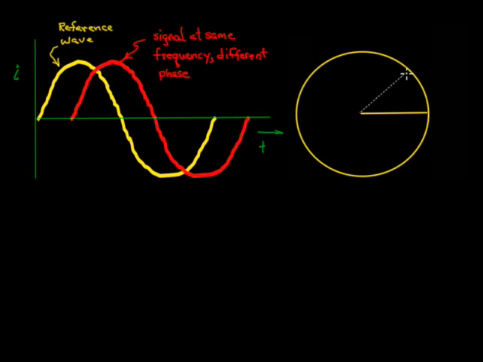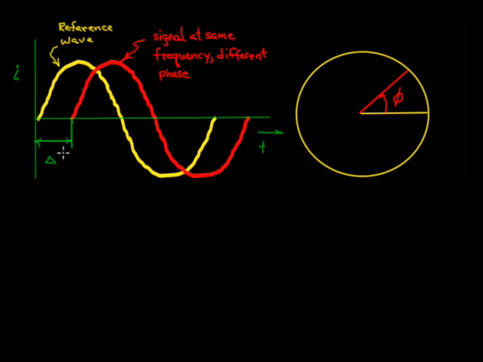That's the angle that separates the signal rotating vector around the unit circle from the reference vector rotating at the same frequency. The amount that the wave has been shifted with respect to some reference signal is known as the phase shift, or delta t, when expressed as a displacement in time.